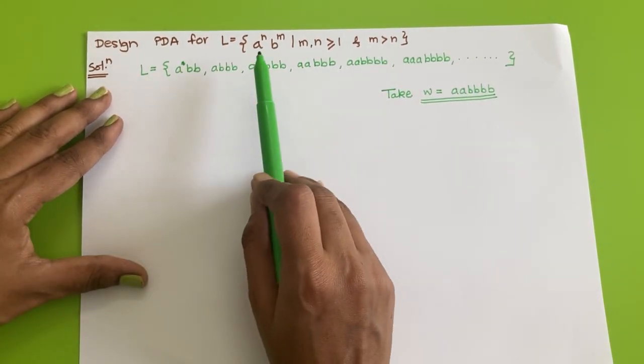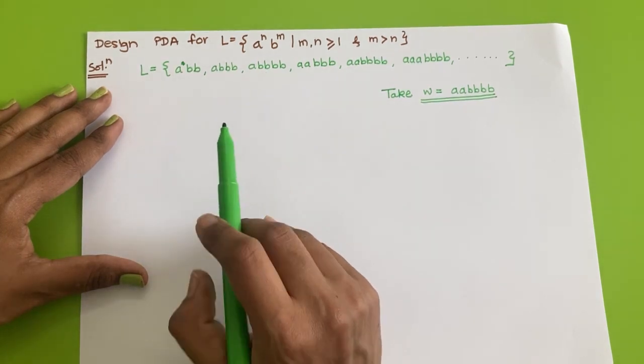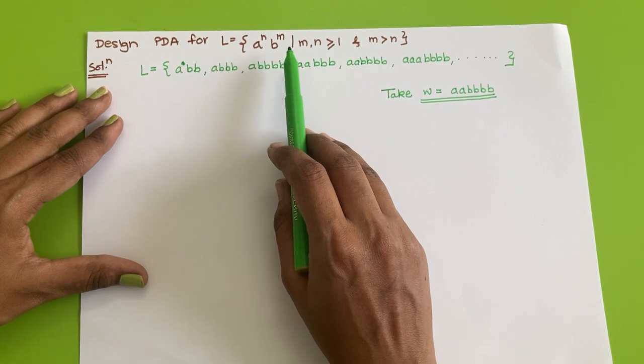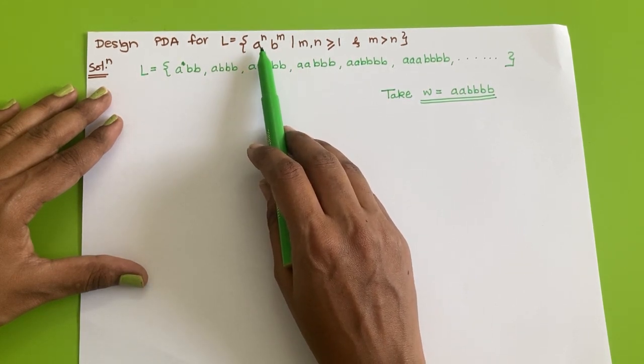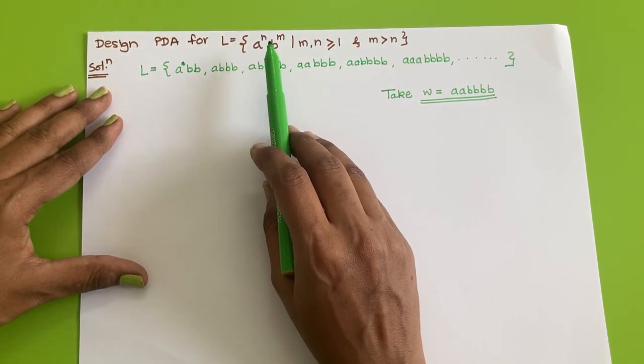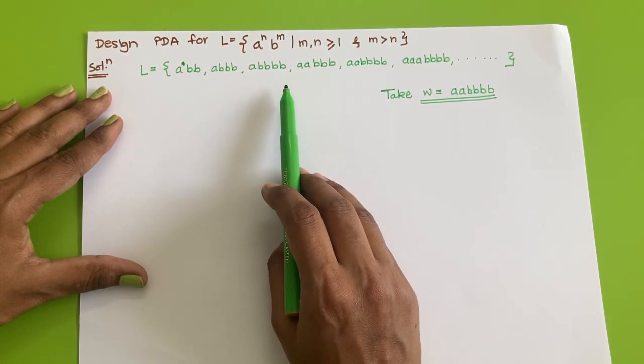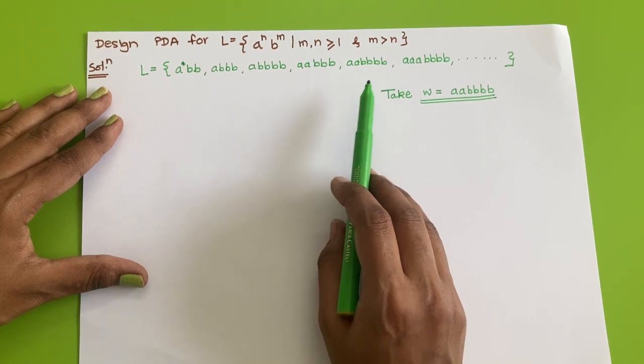Here we have to observe the condition that the number of B's is larger than the number of A's. So we have to check whether in the given string we have a number of A's followed by a larger number of B's.